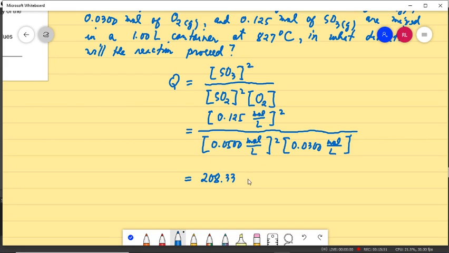So the final answer must be rounded off to three significant figures, and that is 208. And what will be the unit? The unit is liter per mole.